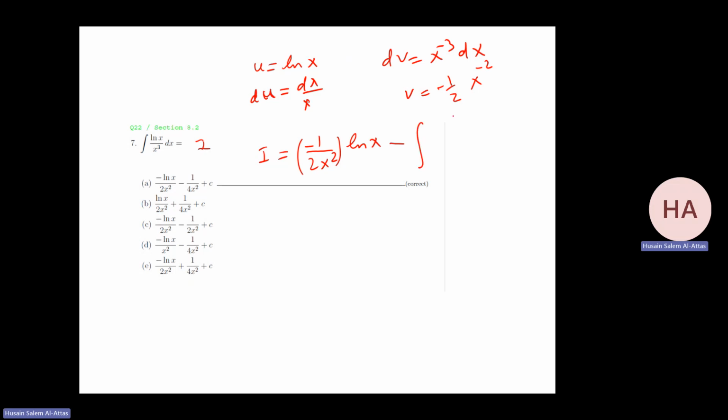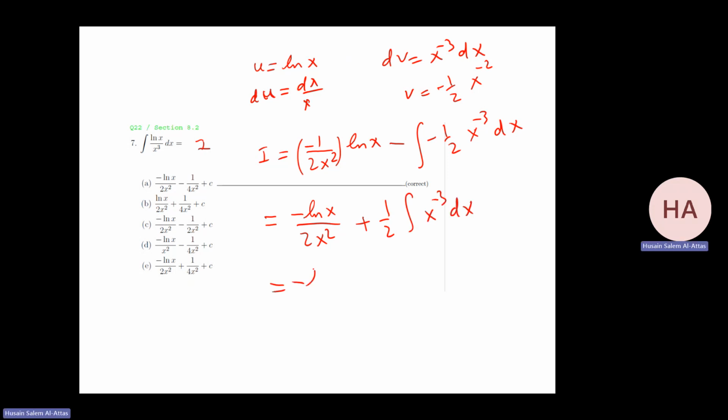minus integral of minus half x to the power minus 3 dx. Yeah, so that gives me what? Minus ln x over 2x squared. This will be plus half integral of this.